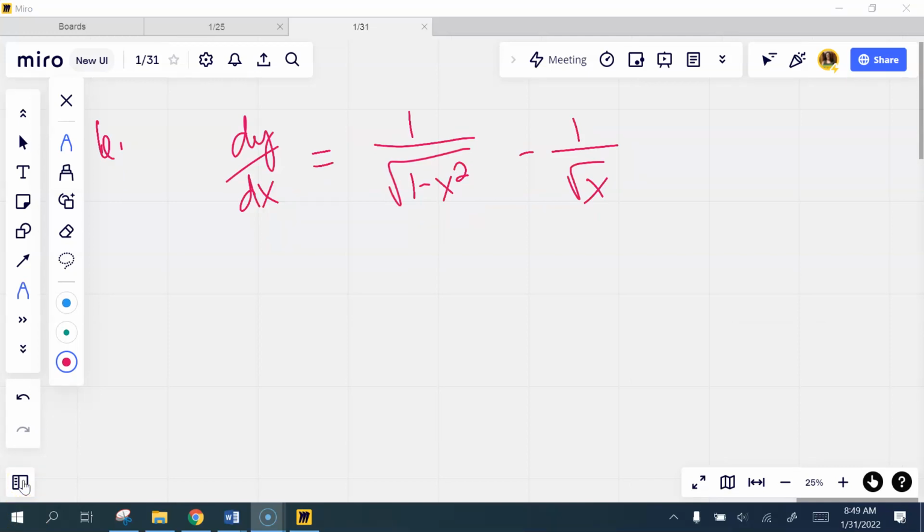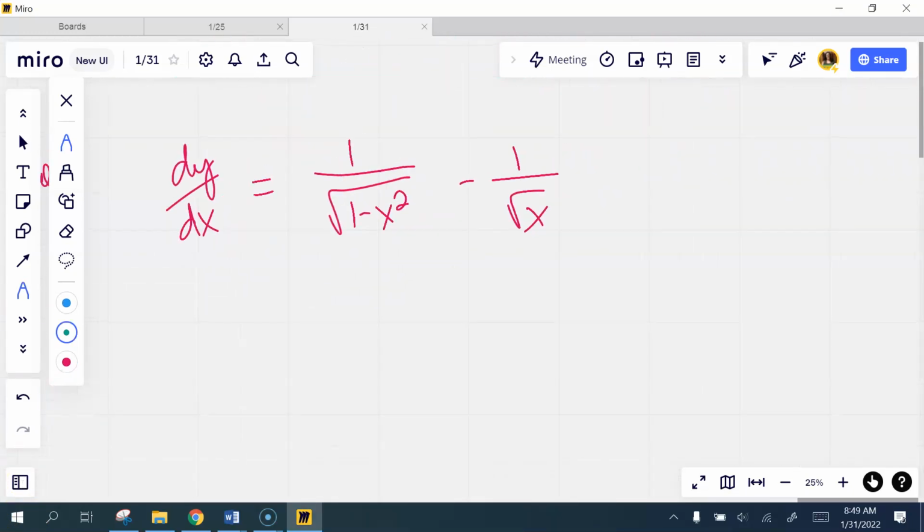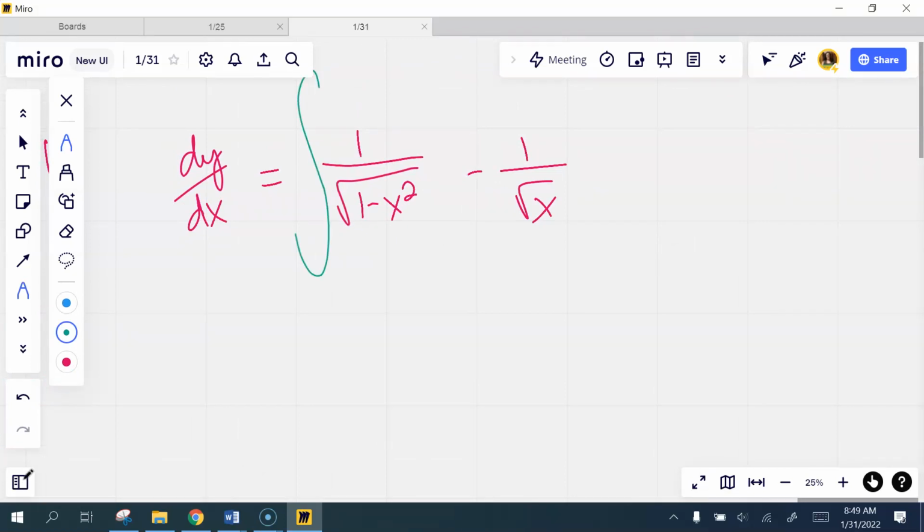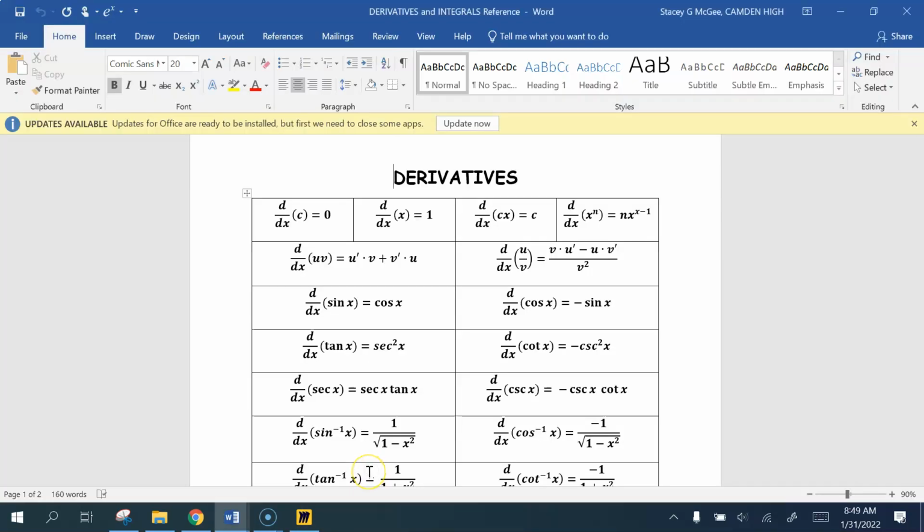Colors were such an issue. So one of you, whenever you finally saw it on the sheet, said, oh, there it is. And there it is indeed.